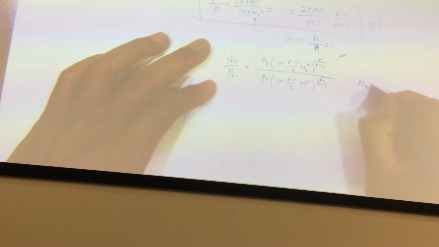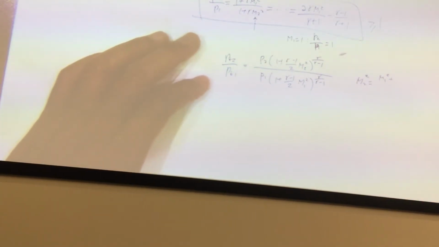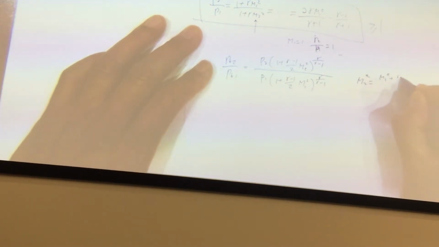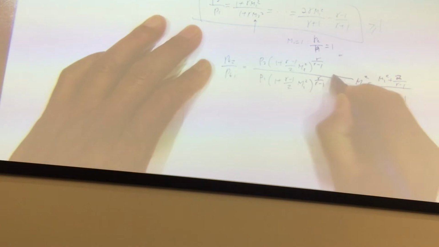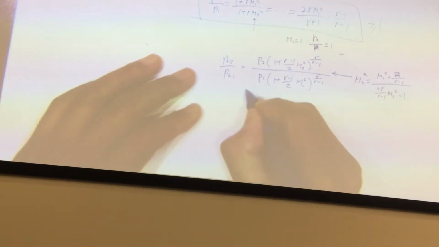Now M2 squared is equal to, remember that, M1 squared plus 2 over gamma minus 1, over 2 gamma over gamma minus 1 M1 squared minus 1. Plug it in there. A lot of algebraic operations, right?